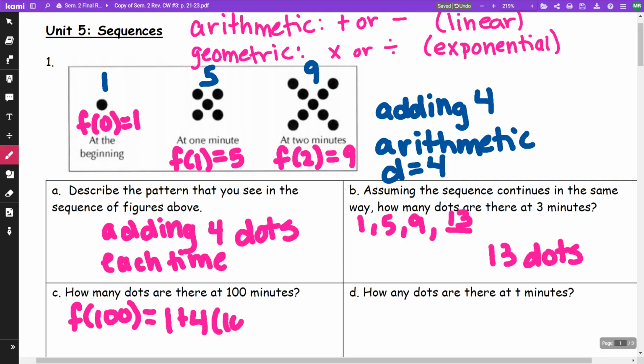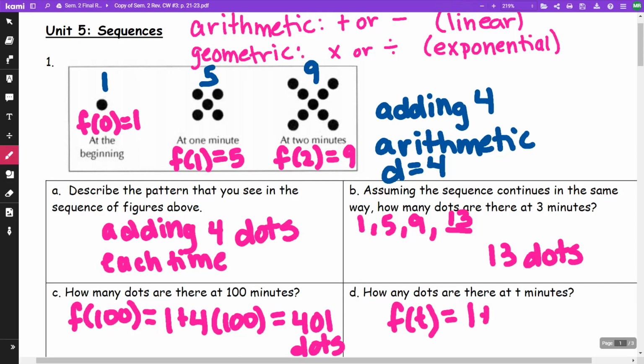So we're going to add it 100 times to get to my 100th term, or 100 minutes in this case. So when I work that out, I'm going to get 401 dots. Now, if they want to know t minutes, I'm going to do f of t is equal to 1 because that's my 0 term. That's what we're starting with. And we're adding 4 t times, and that would be our equation.